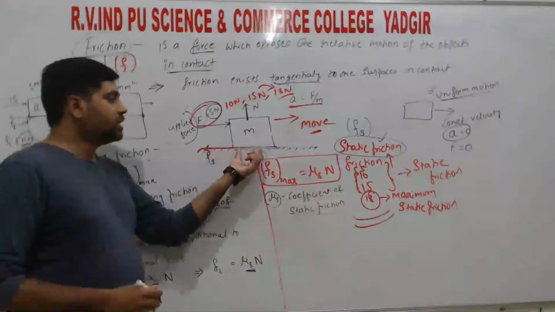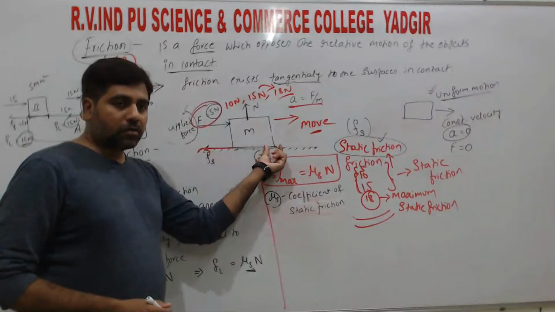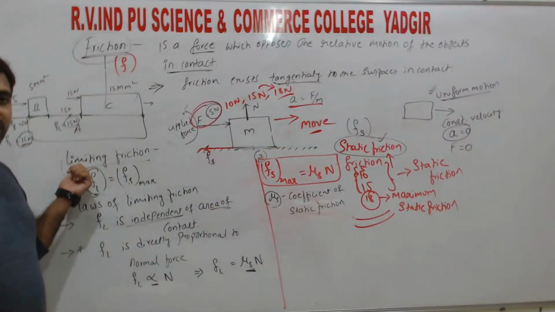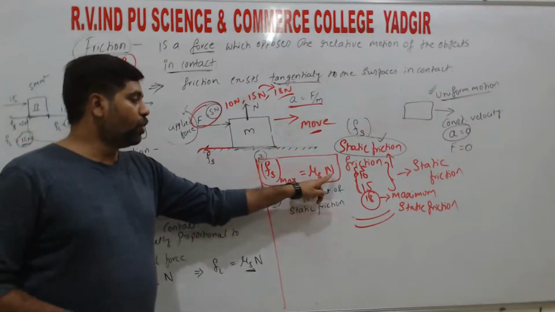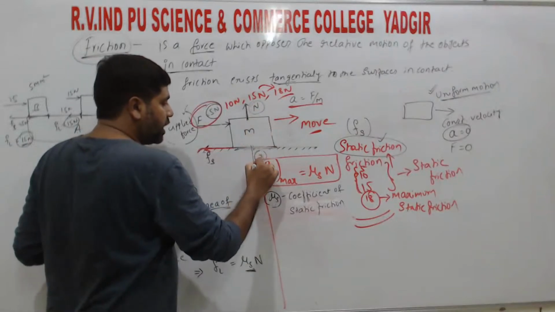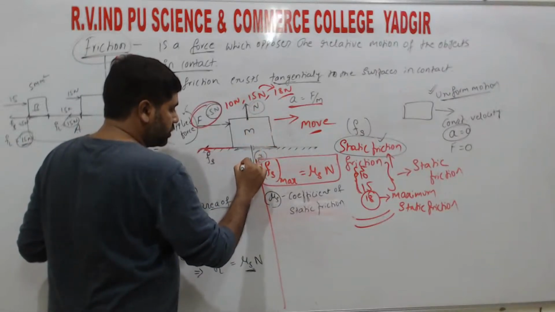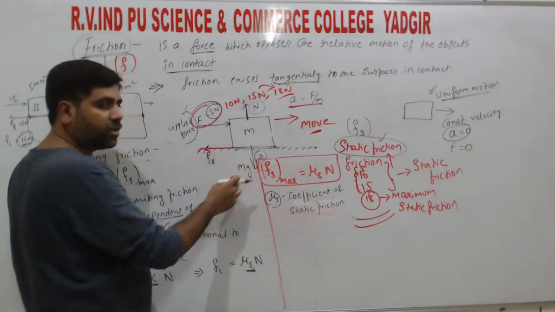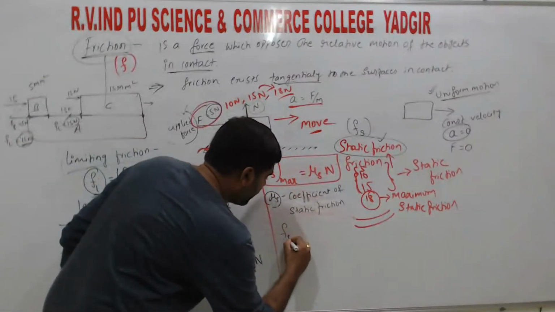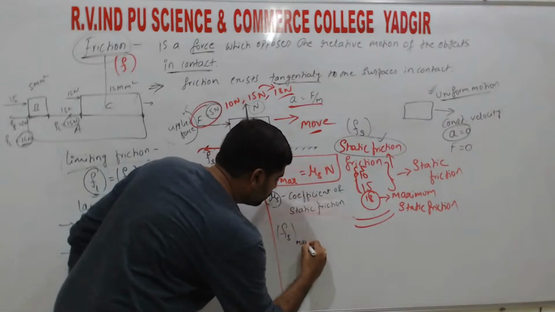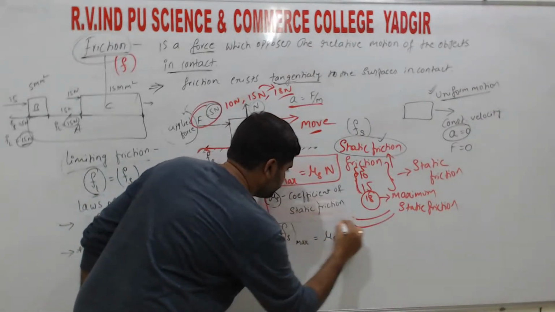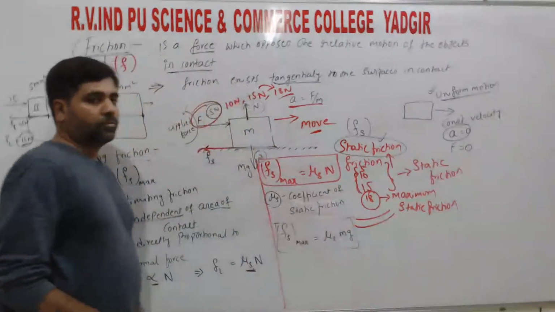So the first important formula in friction, this one is static friction. When the object is just about to start moving, that value of friction we call limiting friction, and that is equal to mu s N, right? So this normal force is equal to the weight of the object, so N is equal to mg. So we can further write Fs maximum is equal to mu s mg, right?